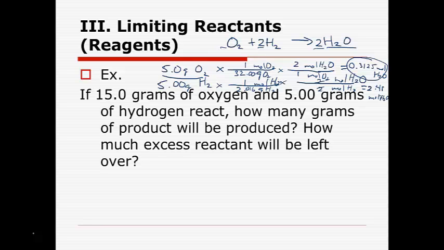Now what do I need to do? Answer the question. How many grams of the product will be formed? So 0.3125 moles of my H2O. I need to change it into grams of H2O. Get rid of moles of H2O.